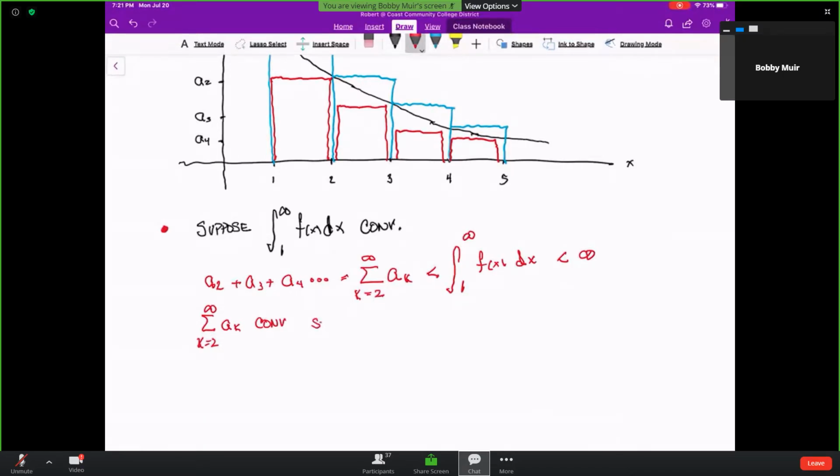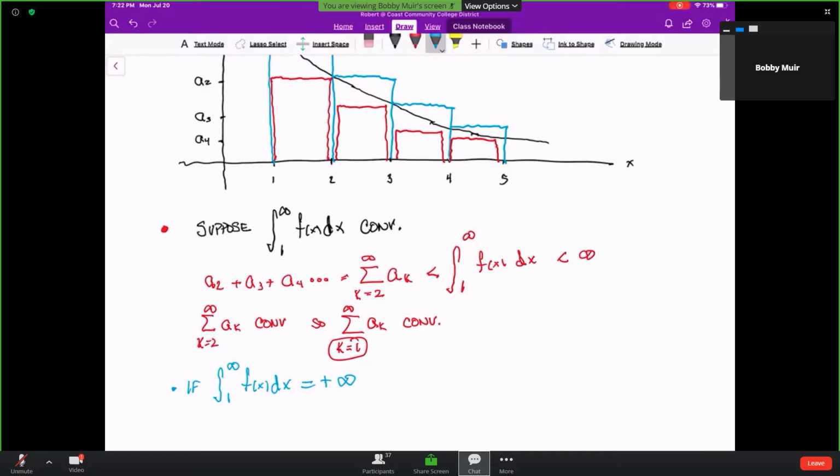So if I add back on the first piece, we know now this converges. Now in blue, same picture. If this integral diverges, the only thing it can diverge to is plus infinity. Remember, everything is still positive here. We're not doing any negative stuff.